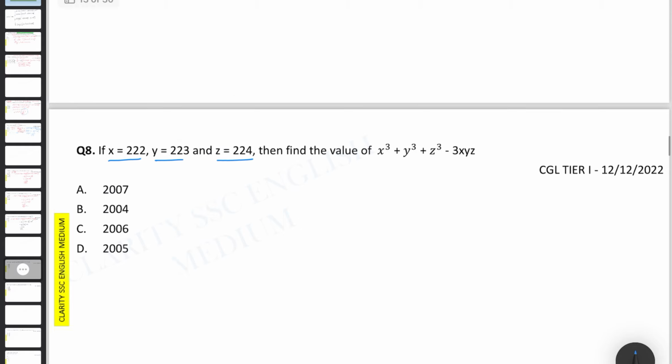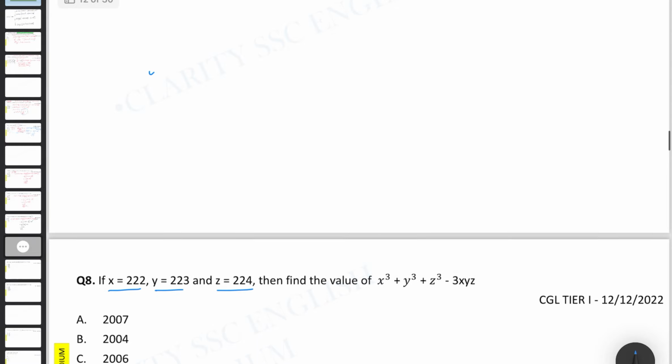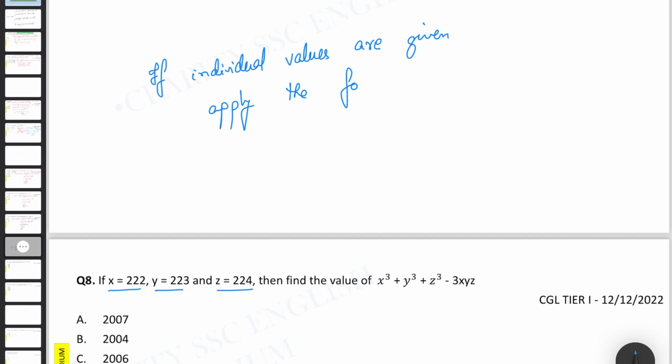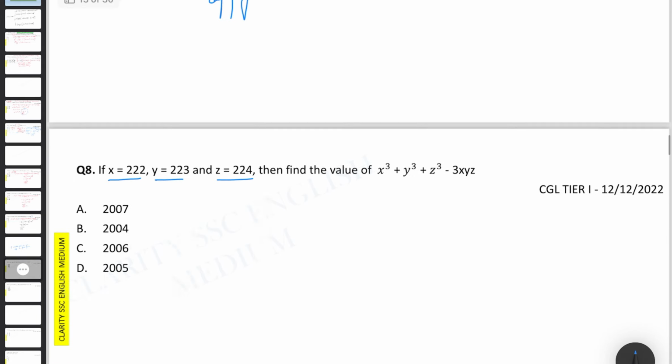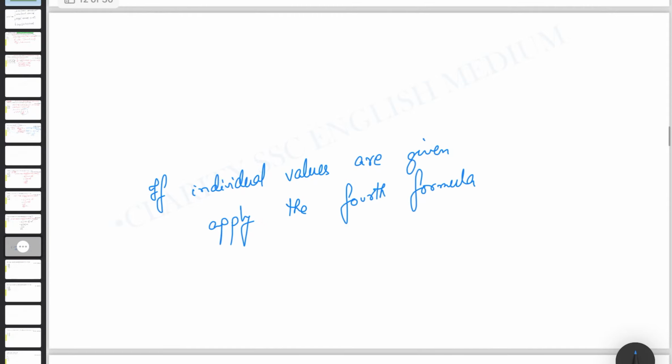Let me write here: if individual values are given, apply the fourth formula.